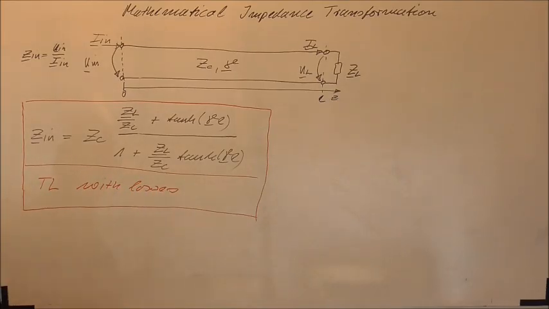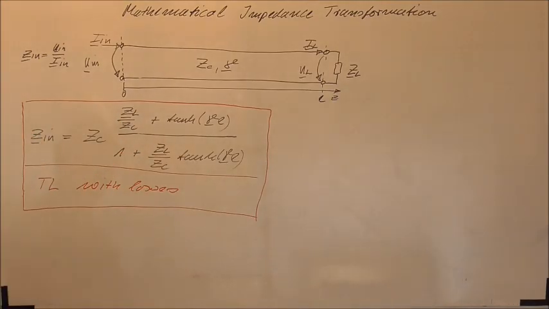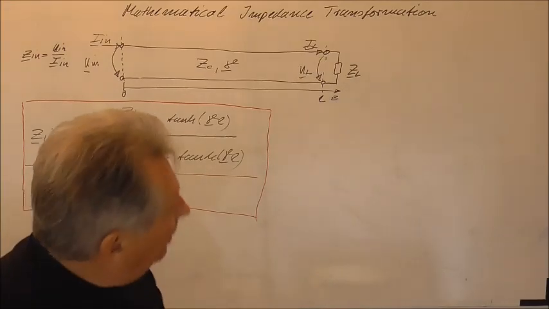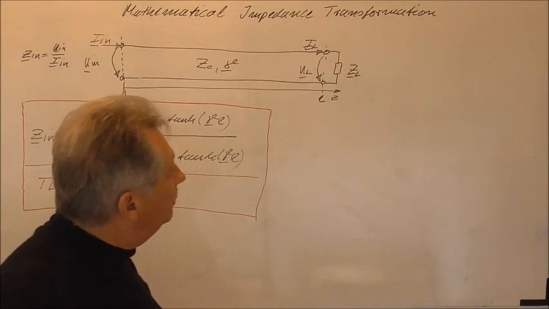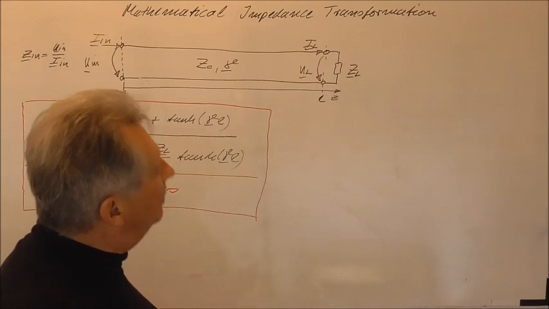So normally this equation will be implemented in some simulation programs. In a simulation program it's easy to also account for the losses, but for the further discussion we also need some equations for the case without losses.